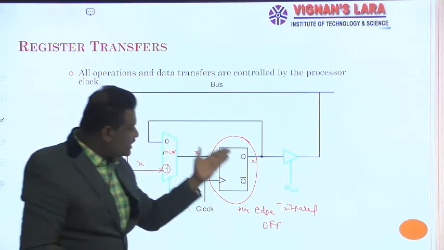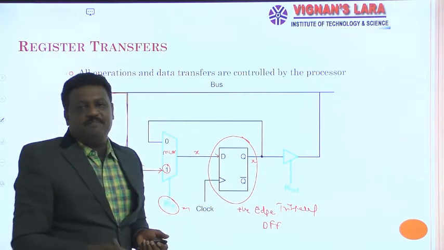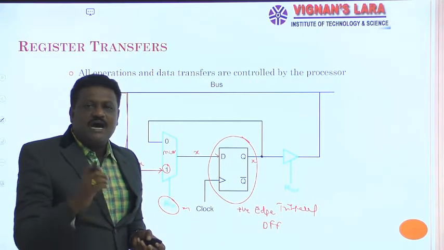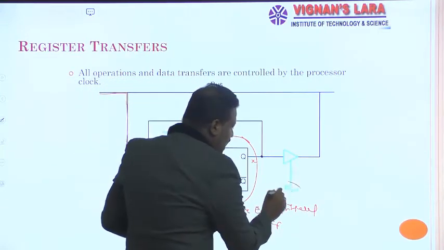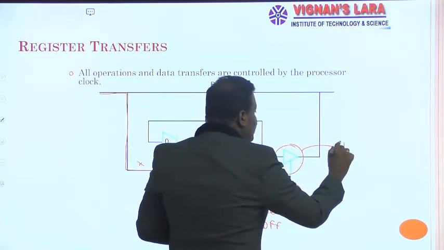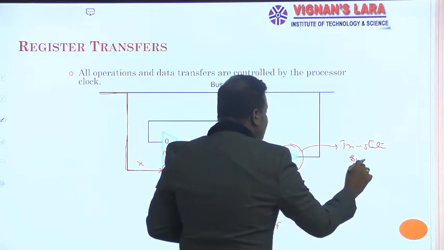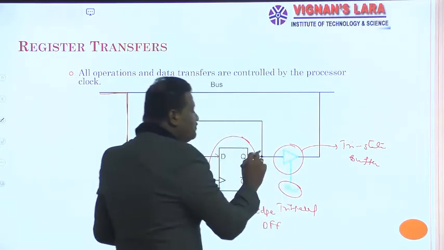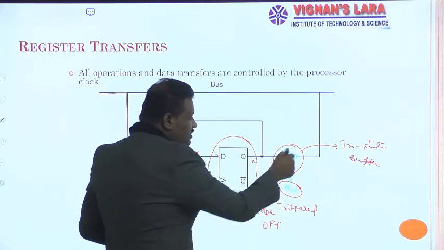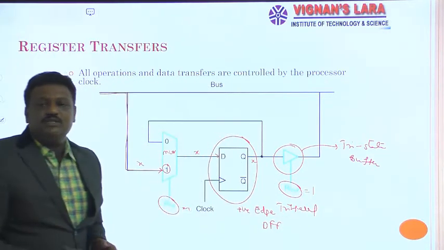Later, if I want to transfer this X onto the internal bus, again I take the help of another control signal, which is RI out. See guys, this is a tri-state buffer. We know that this buffer transfers the input value to the output only when the buffer is enabled, that means RI out is set to 1.